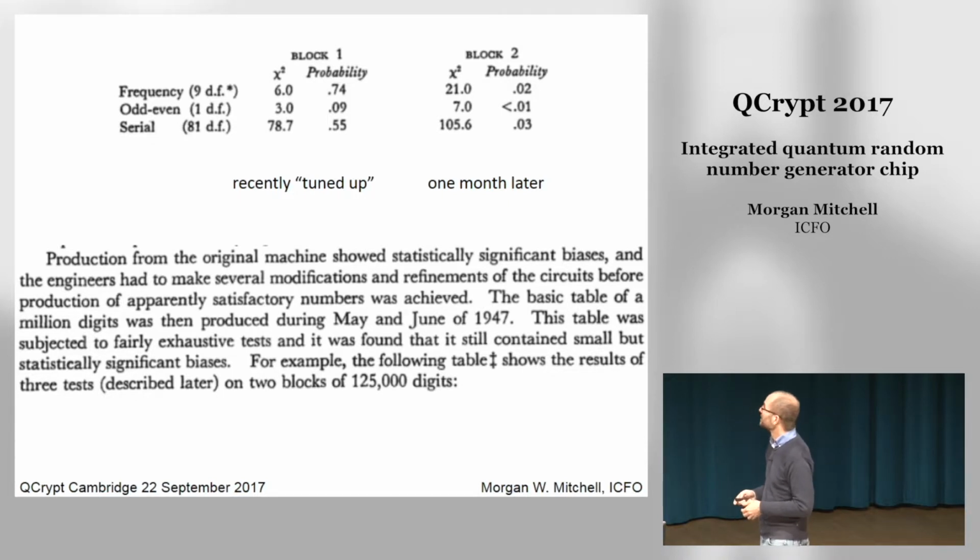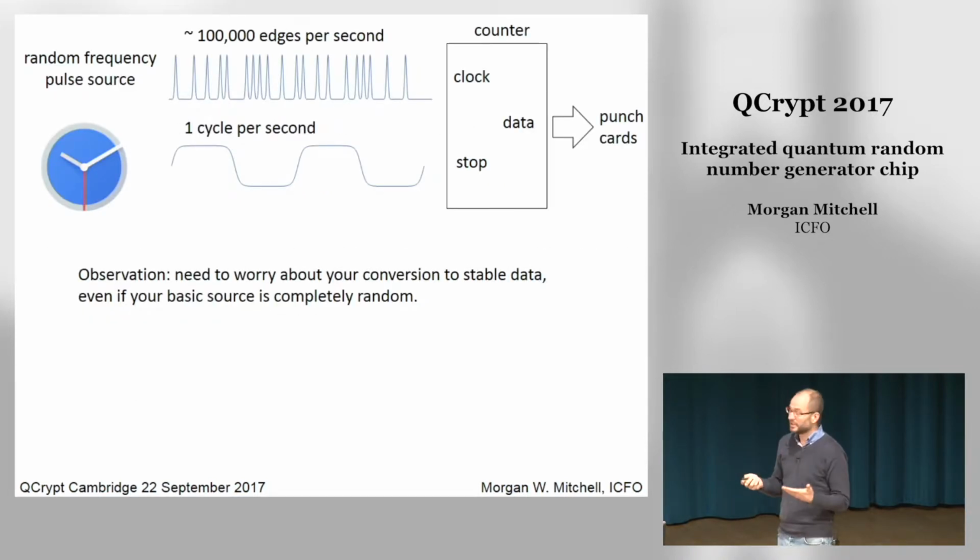Okay. I'd like to point out that knowing how these things work, it's less likely that there was something wrong here in their original source. It's more likely that something was happening here. So for example, there was some interaction between the stop pulse here and the internal state of their counter. Okay?